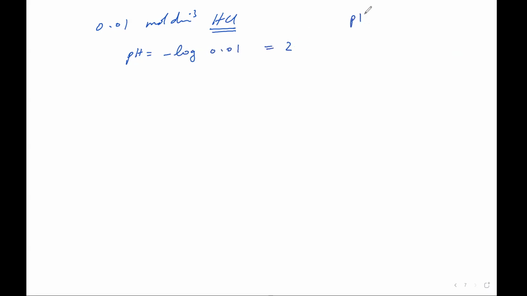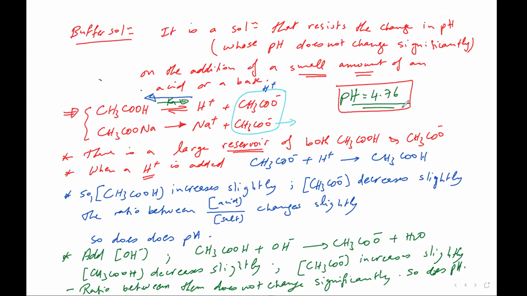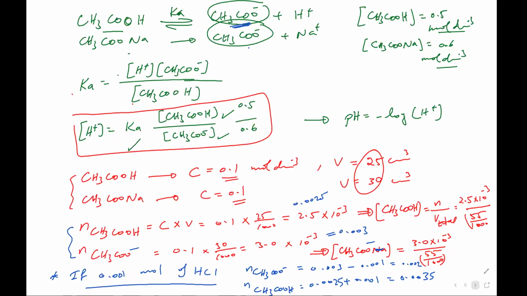And we know that the pH of water is 7. So the pH will decrease from 7 to 2. This is a very big change. But in the buffer, it will change by only 0.02 or 0.03 or something like that. The change will be so little. Do you understand, or do you have any questions?